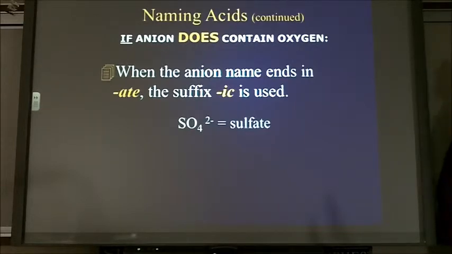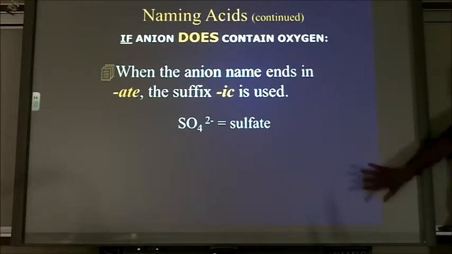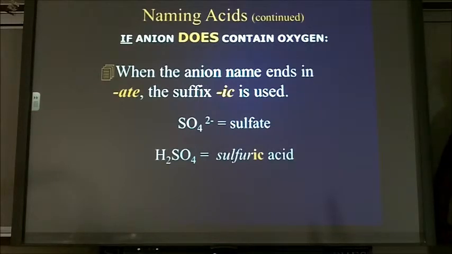Like for example, I'm not showing the hydrogen yet, but if you have sulfate, drop the ate and put the ic in there, and then when you put the hydrogens on there to balance charges, you have sulfuric acid, H2SO4. Why is there no hydro in this name? Because there's an oxygen. So if you see an oxygen, do not write hydro.